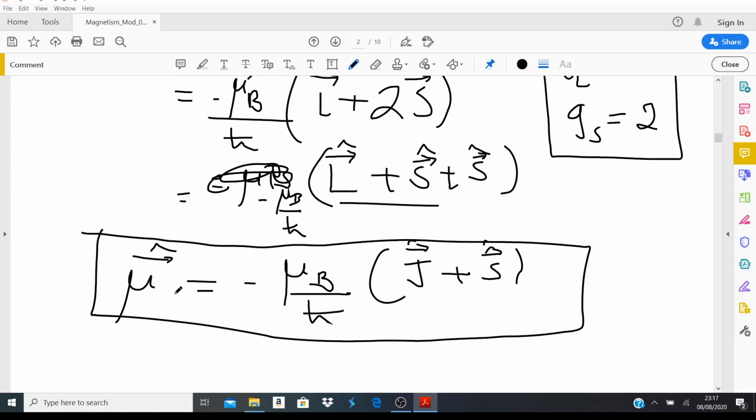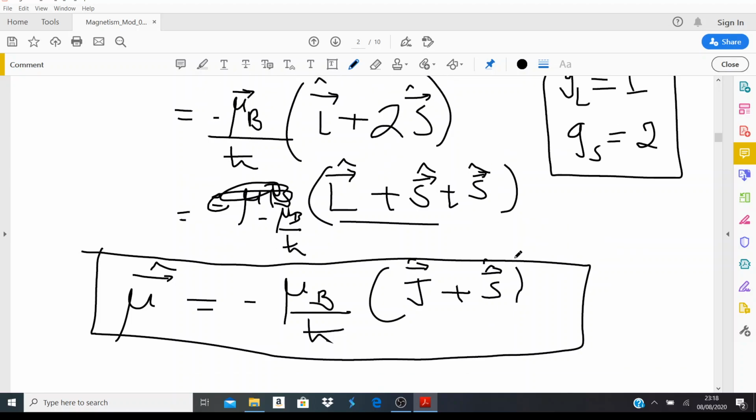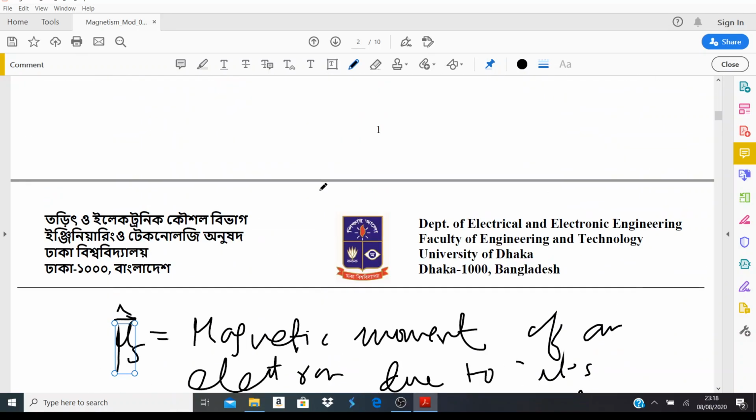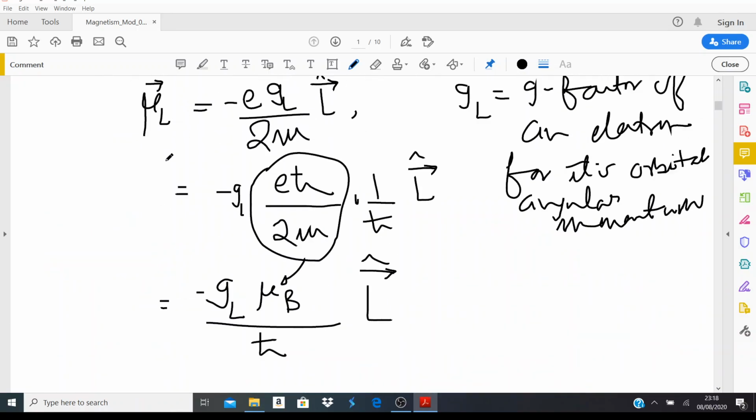So the total magnetic moment of an electron is equal to minus Bohr magneton by h bar, and then we have the total angular momentum added with the spin angular momentum. That's an important relation. One thing to remember is that whenever we are writing a magnetic moment expression, you can see the magnetic moment is g times some factor mu B by h bar times the corresponding angular momentum.